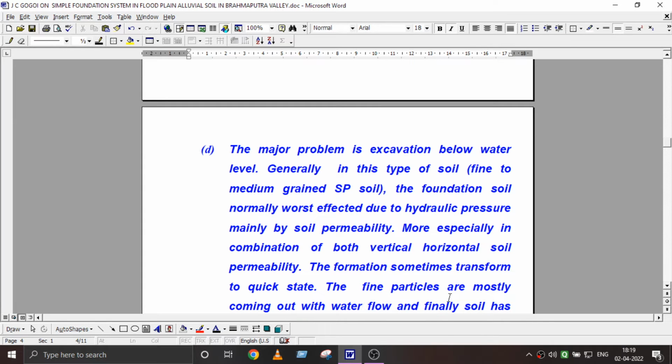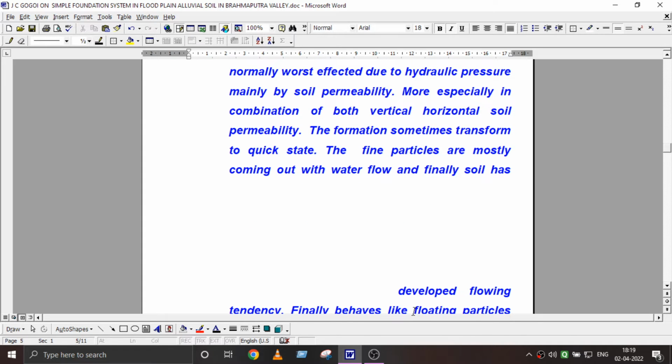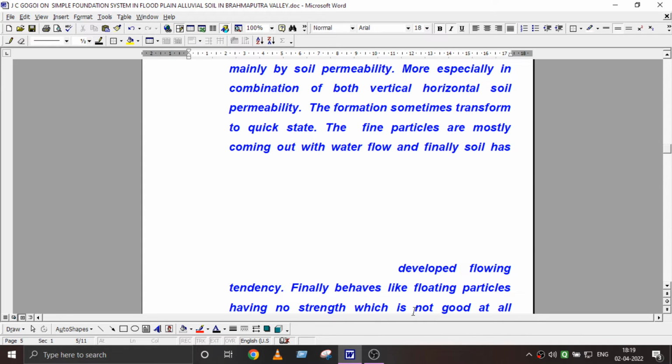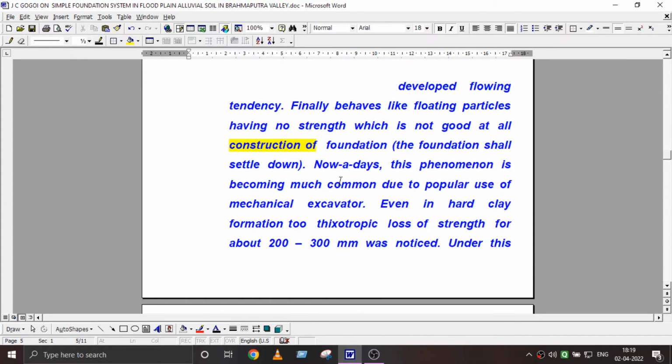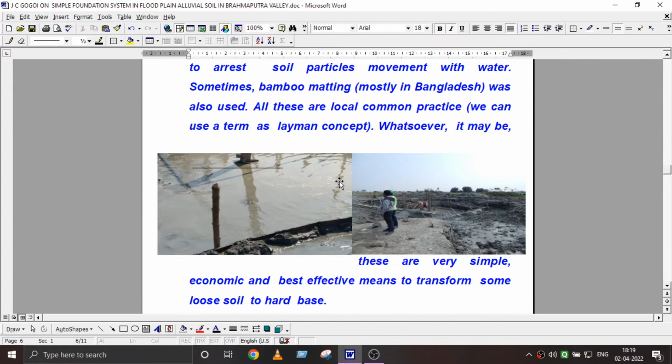The fine particles are mostly coming out with water flow and finally the soil has developed a flowing tendency. Here two photographs were there, but where they went missing I do not know.